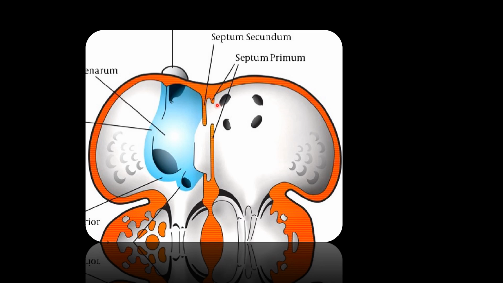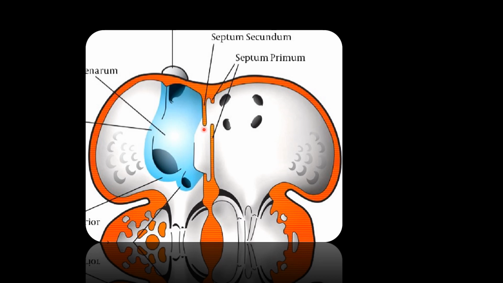Later a thick partition grows on the right side of the septum primum from the roof of the right atrium, and this growth is called septum secundum. The caudal edge of the septum secundum looks like a sickle-shaped fold and has a free margin.